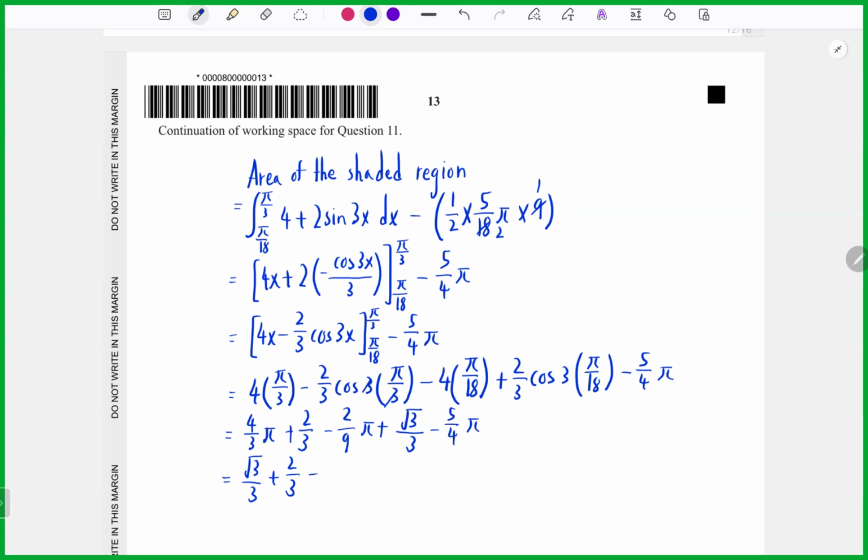Okay, and then minus 5 over 4. So you will get 5 over 36 pi. Okay, so this is your final answer here.